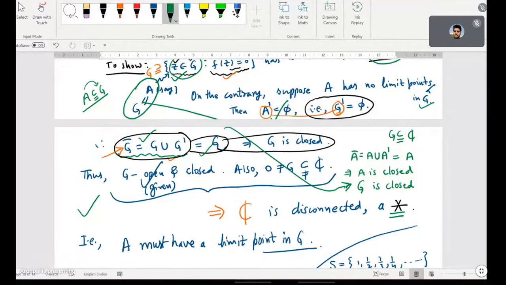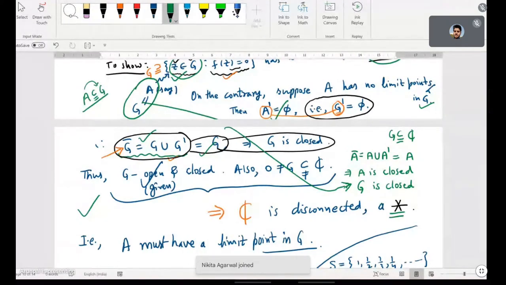And if you negate it, the negation will be: a set is connected if and only if it has no proper subset which is both open and closed. Is this okay? If a set is connected, it means the only open and closed subsets of that set will be the empty set and the set itself.